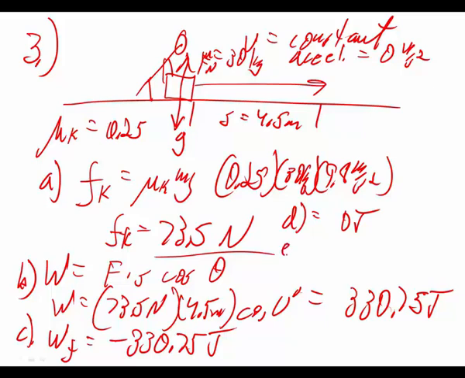All right, now what about E? What is the total work? Okay. Well, you've got the final kinetic energy. So we got 330.75 minus, all right, now wait a minute, let me think.